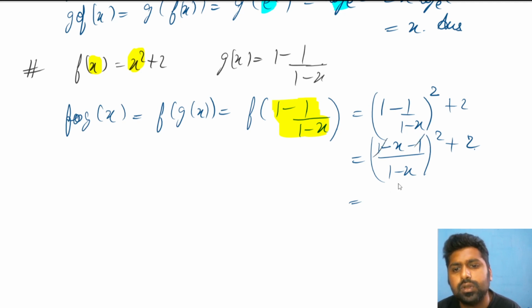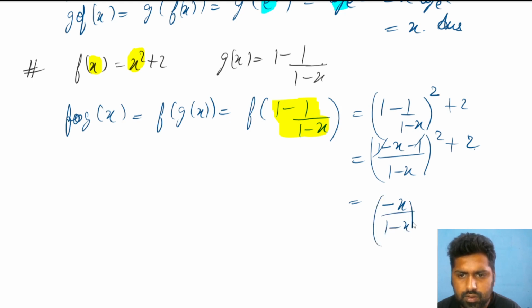This becomes minus x upon 1 minus x, whole square, plus 2. So we get minus x upon 1 minus x, whole square, plus 2.